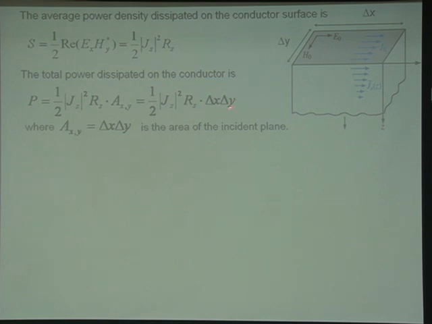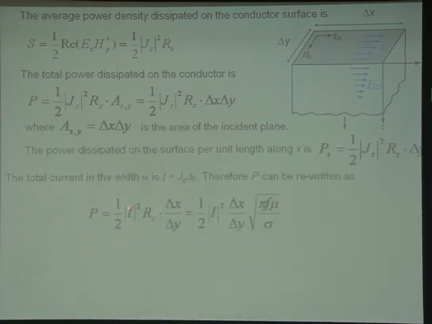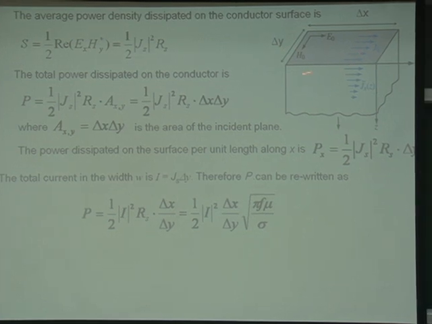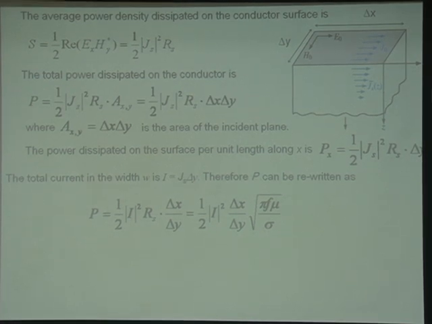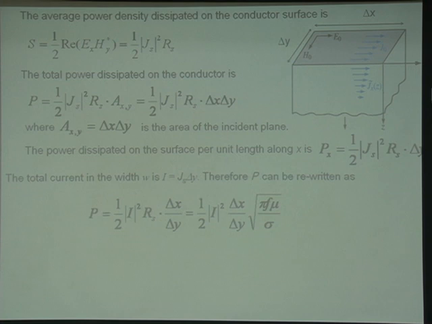OK, you multiply by this area, and at this time you get the total power dissipated on this surface. This Js is the current per unit length over delta y. So if you multiply Js with delta y, you get the surface current.